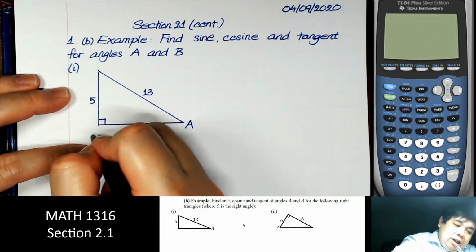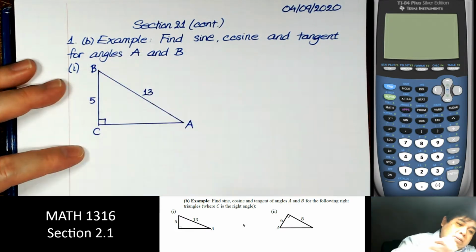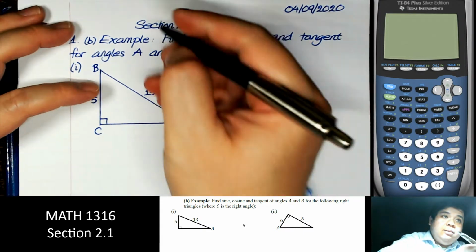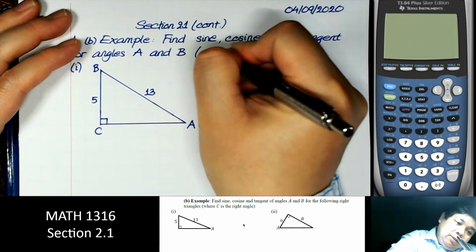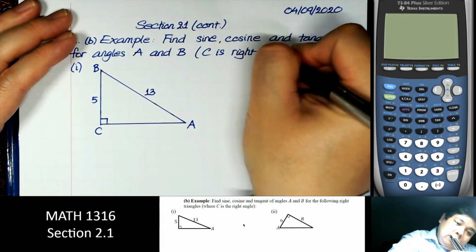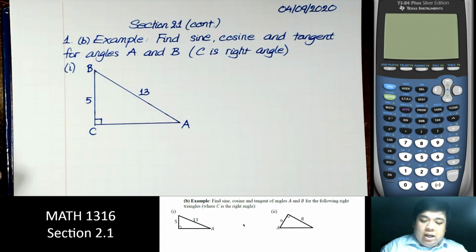The right angle is C, so this is angle B. Right, so it is easy.